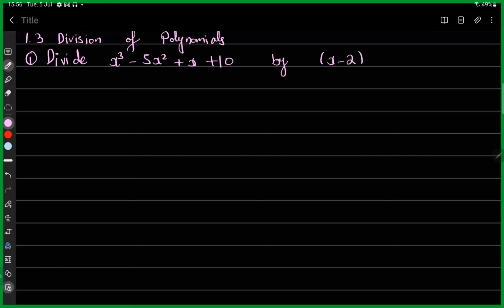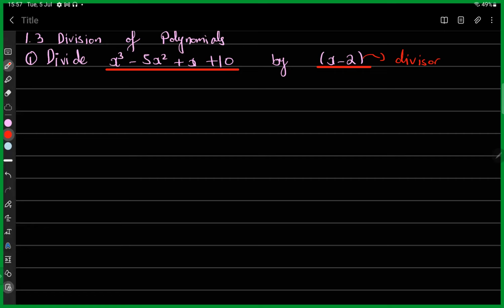Now this is the first example that we need to consider in order to understand this section, that is division of polynomials. Now here, this is the polynomial and this is the factor that we are going to use as divisor. So you can think about it as the divisor, and the polynomial is the dividend, right?